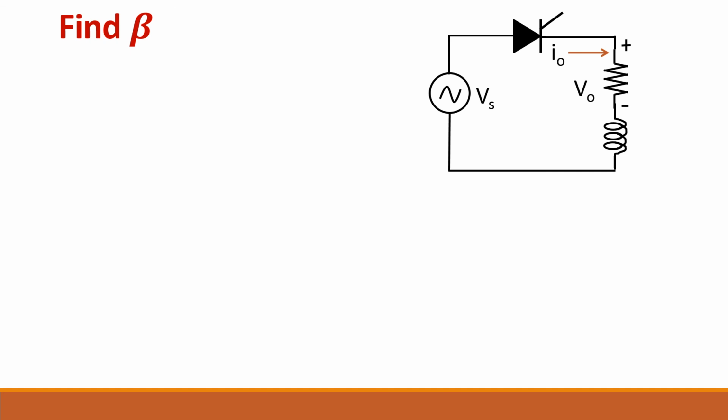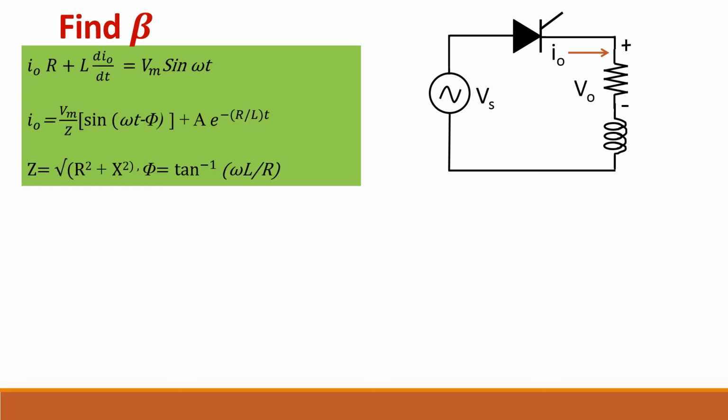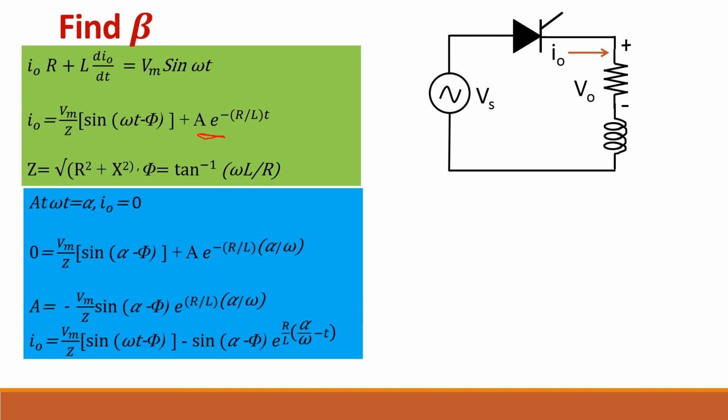So let us find the value of beta now. I into R plus L into di by dt is equal to Vm sin omega t. Find the solution for this, so I naught is equal to, you will get this equation. Let us apply the boundary condition and find the value of A. The boundary condition is at omega t equal to alpha, I naught equal to 0.